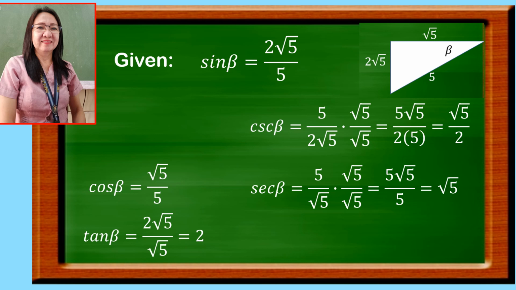So we have secant beta is square root of 5. And the last one is the cotangent beta, which gives us square root of 5 over 2 square root of 5. Then we can cancel square root of 5 over square root of 5 so that the answer is 1/2.